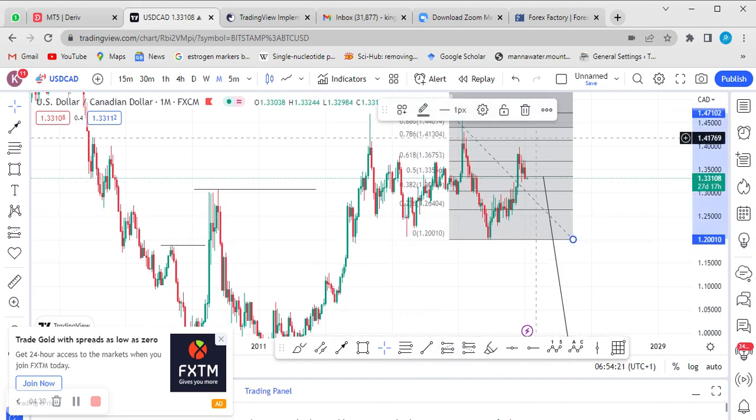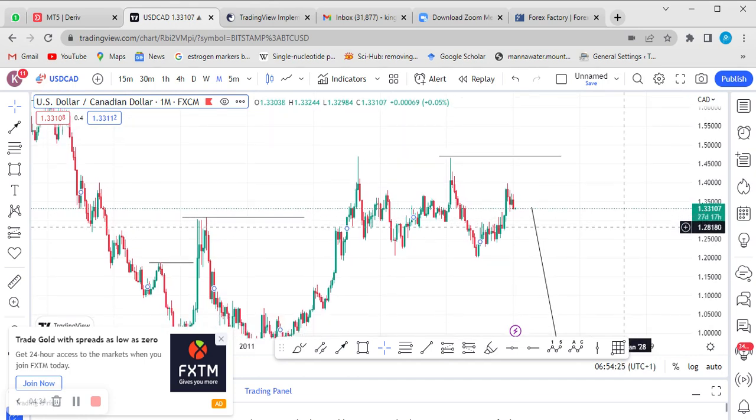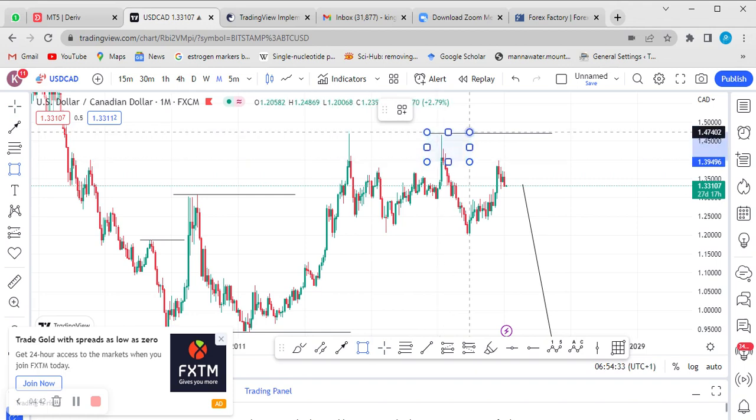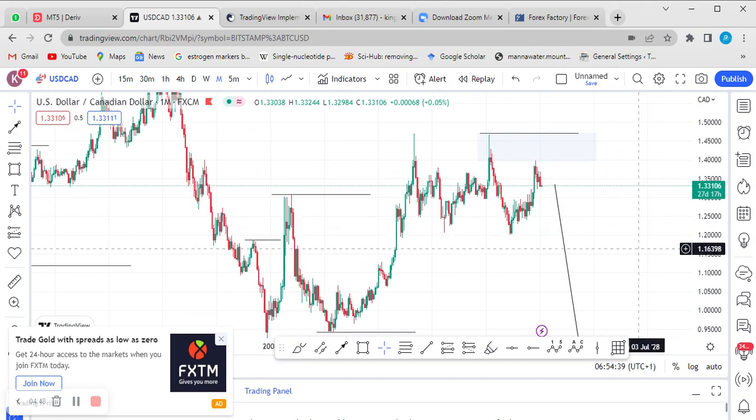So that means price can start pushing down. And for those who are trading on bigger TFs, a lot of people would have had their entries at this zone, and a stop will eventually be above this high here. That is for the monthly TF.